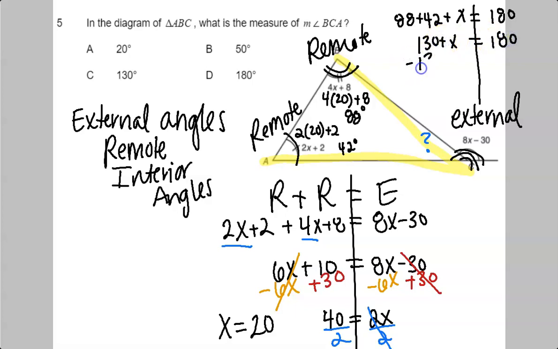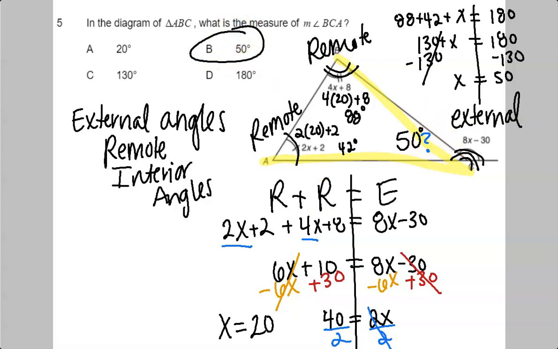We're going to subtract 130 on both sides. So that means x is equal to 50. So that means this angle right here is equal to 50 degrees. So that's one way you could do it.